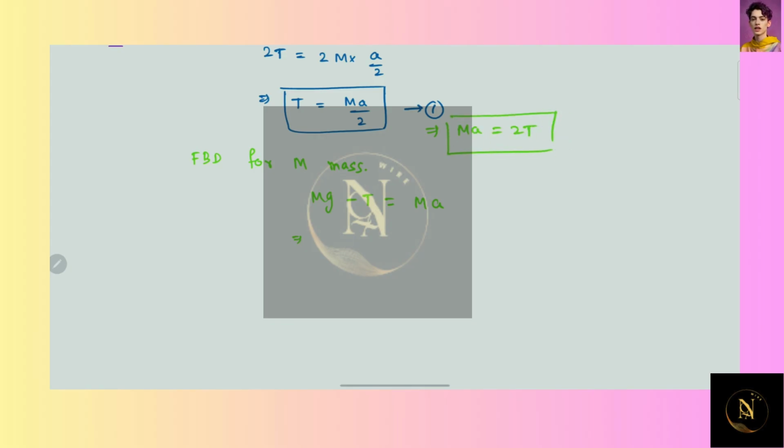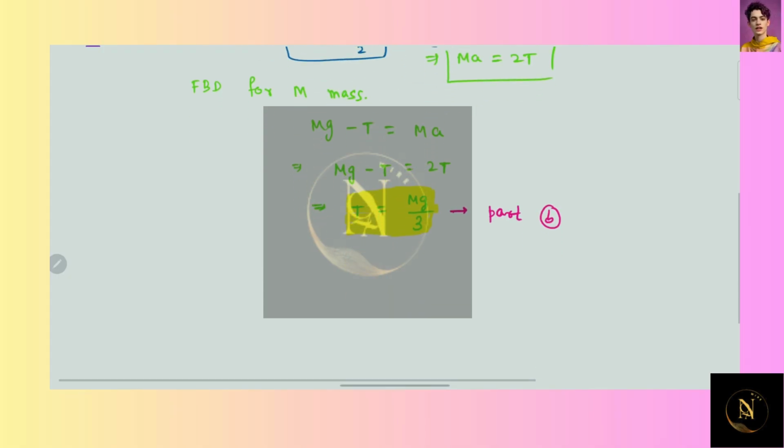So I can write mg minus T is equal to 2T, or T will be equal to mg by 3. This is the tension force on the string. So this is the answer for part B.